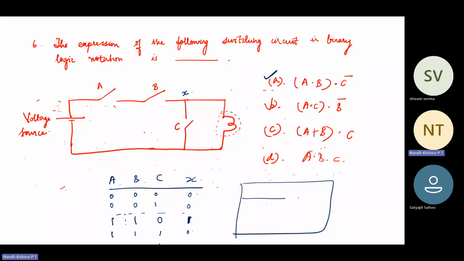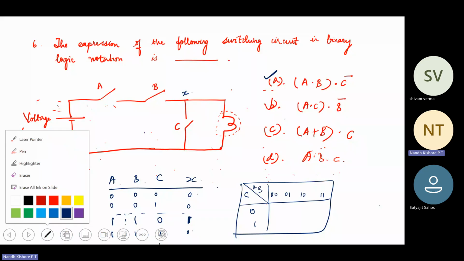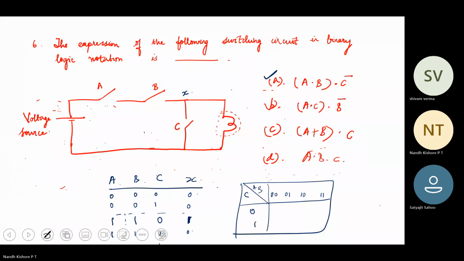Then you draw the K map. So you have C over here, and AB over here. In C you have 0 and 1, in AB you have 00, 01, 11, 10. Both A and B need to be 1, only then you get a 1.